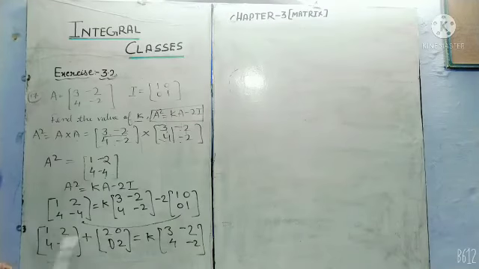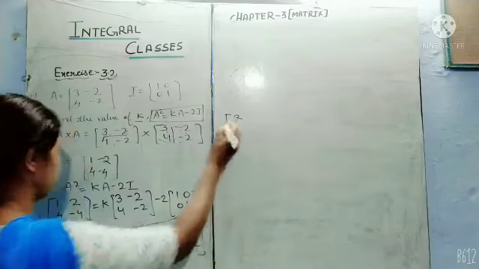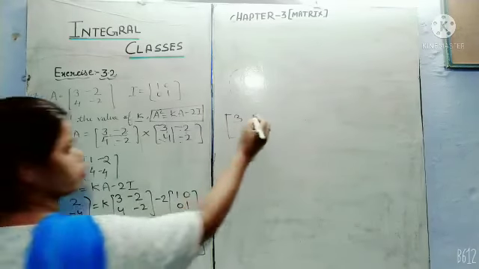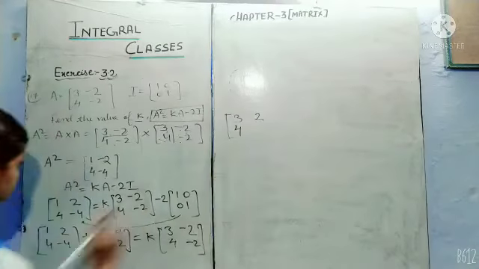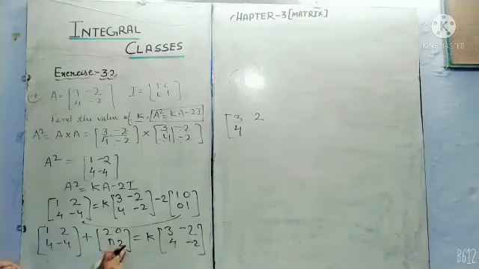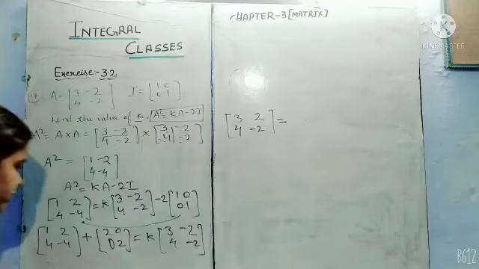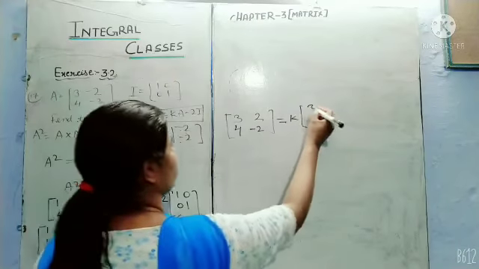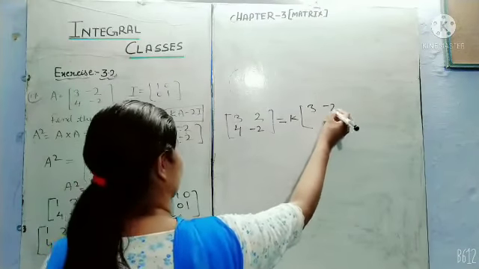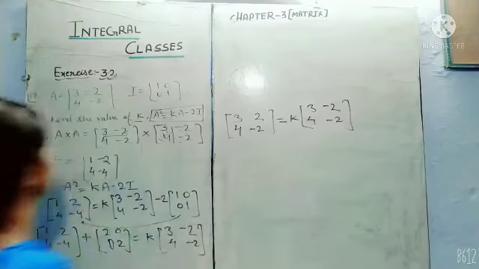Now we will solve: 1 plus 2 will become 3. 2 plus 0 is 2. 4 plus 0 is 4. Minus 4 plus 2 is minus 2, equal to the other side, same as given: 3 2 4 minus 2.